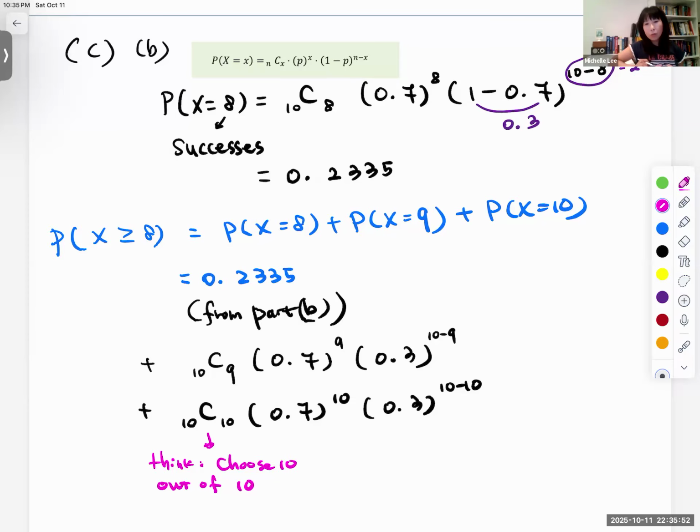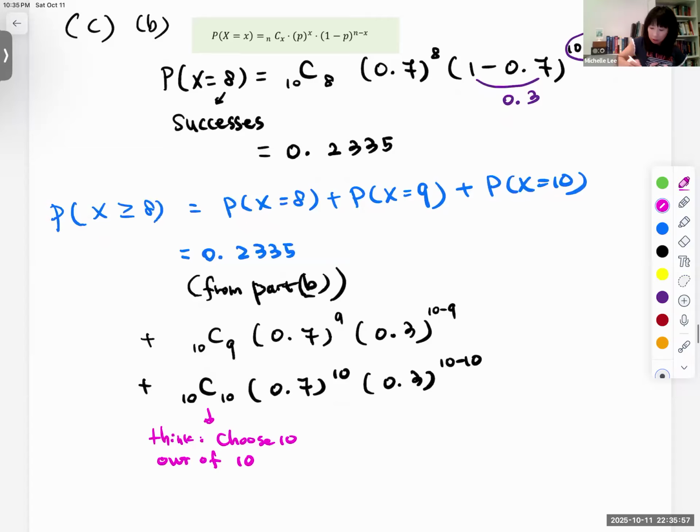If we want to choose 10 out of 10, we have to take all of them, so there is only one way, which means take them all.